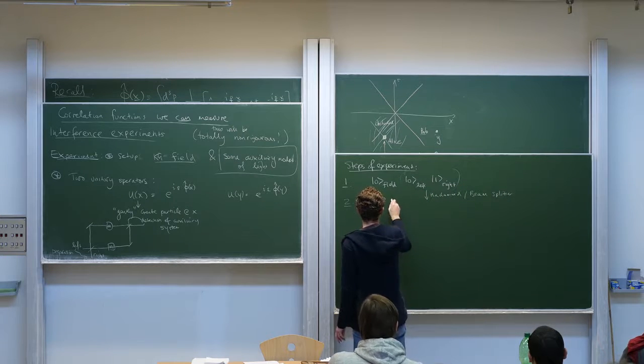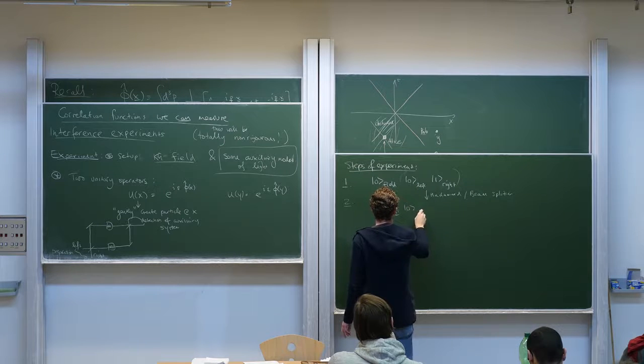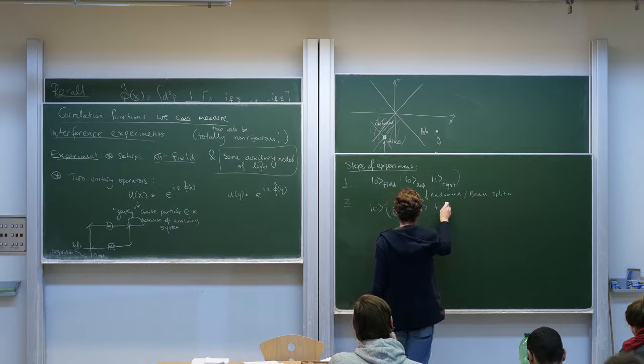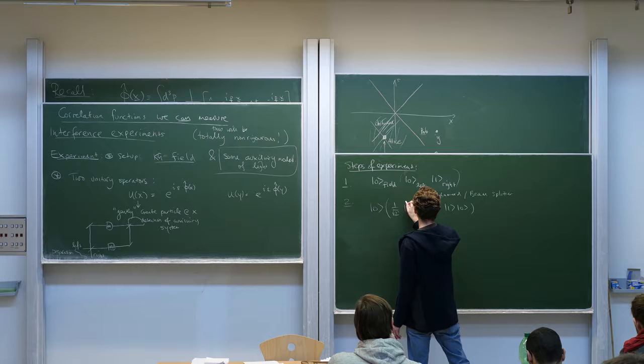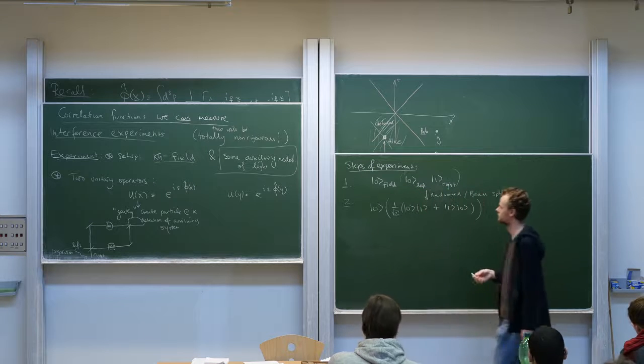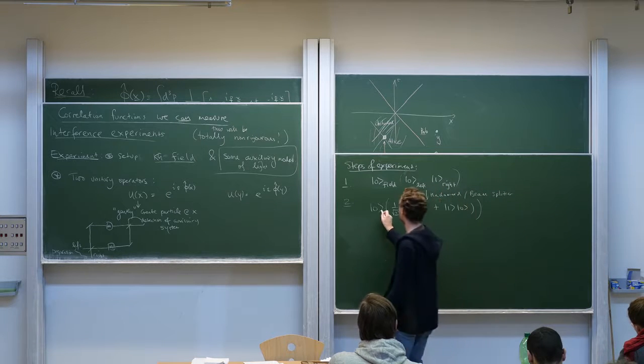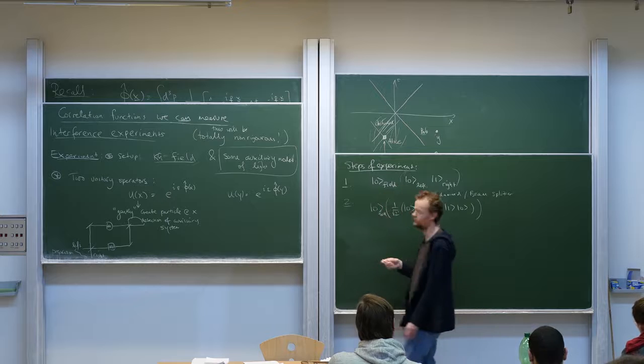So the state becomes 1 on root 2, no photon on the left, 1 photon on the right, plus 1 photon on the left, 0 on the right. The Klein-Gordon field is still in the vacuum.